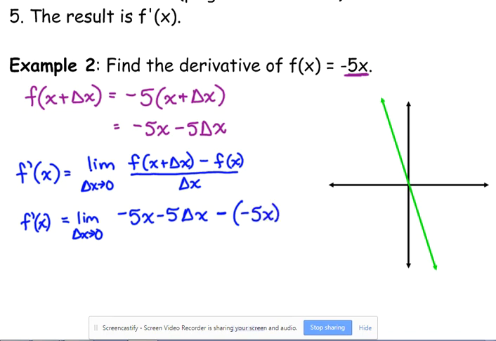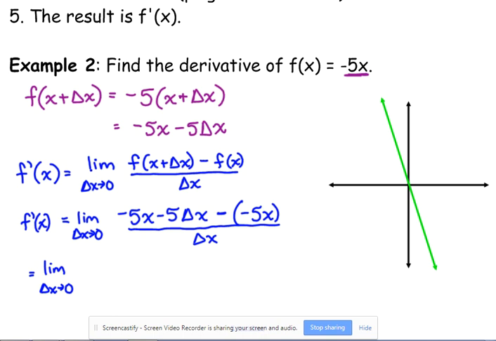Now in this case, it is just one term, so the parentheses aren't that essential, but most of the time those functions have more than just one term. Okay, so I took my f of x function, plugged it in right there, and it's over delta x. So let's simplify. We still haven't done anything with the limit.